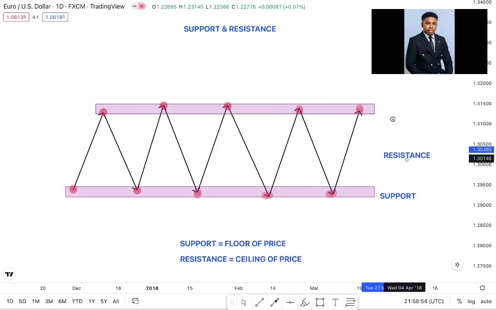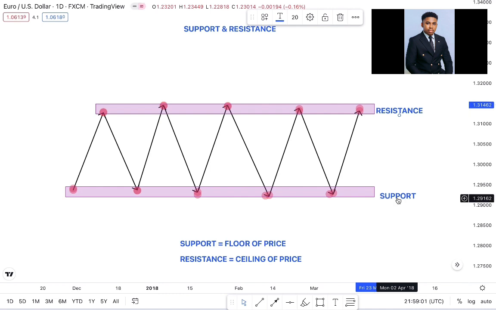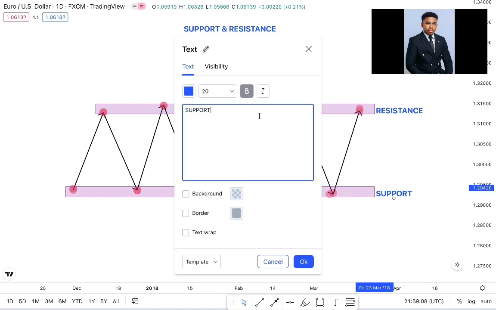Just put this all the way up here. So we have the support down there and we have the resistance up here. So always know that when price gets to a support level, you want to buy. Let me use equal to.